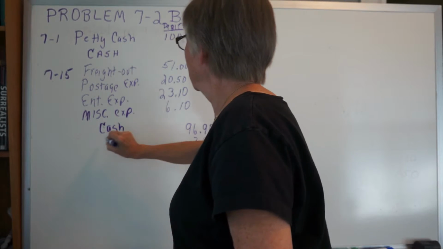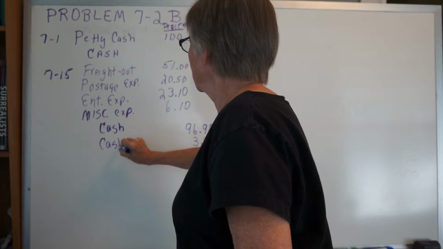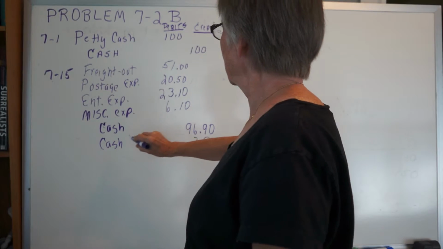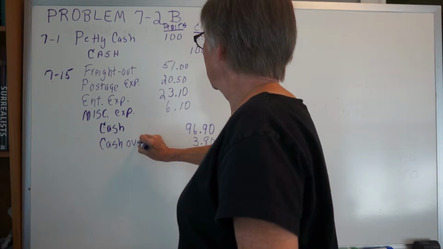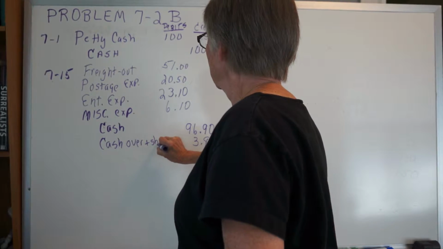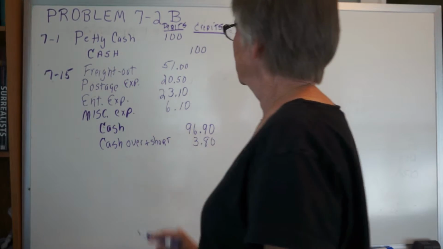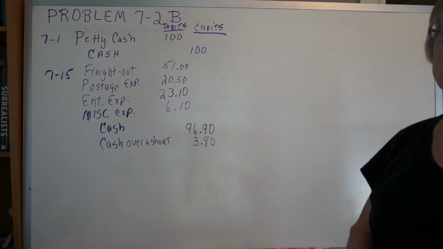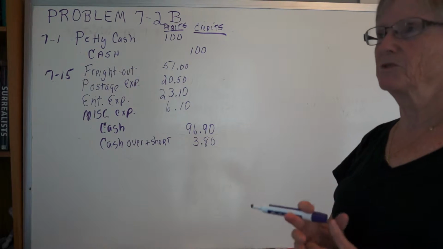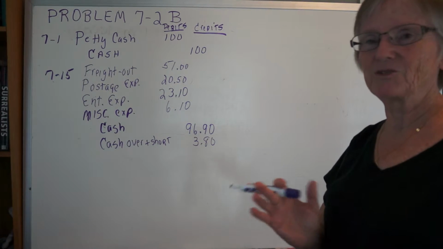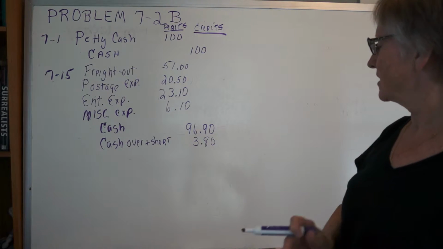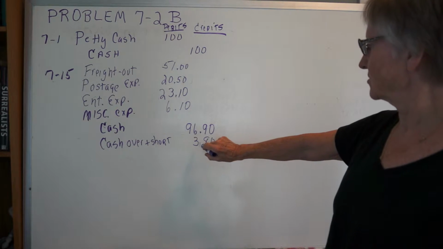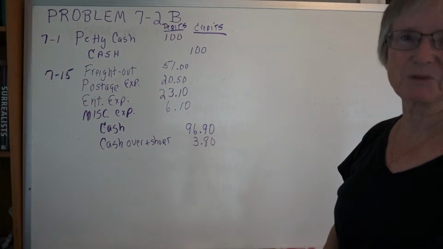This is the difference between what we needed to replenish the account and the amount of the receipts that we have to account for that. In other words, there was a mistake made somewhere. Either too much change was given, too little change was given, we lost a receipt. But this $3.80 is basically what we cannot account for this month.